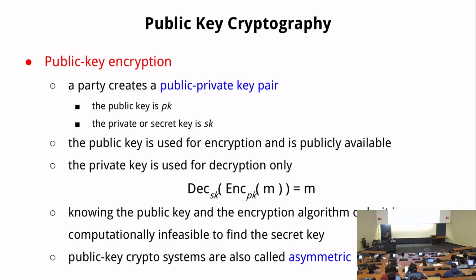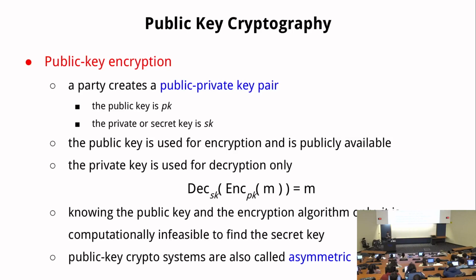So in a public key crypto system, the idea is to use the public key for encryption and use the private key for decryption. So the algorithm is designed so that even if everyone knows everyone's public key, but we don't know Bob's private key, then it's computationally infeasible to decrypt the message, or computationally infeasible to find the private key anyway.